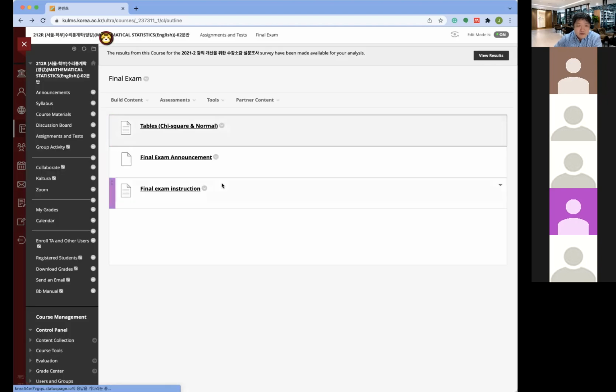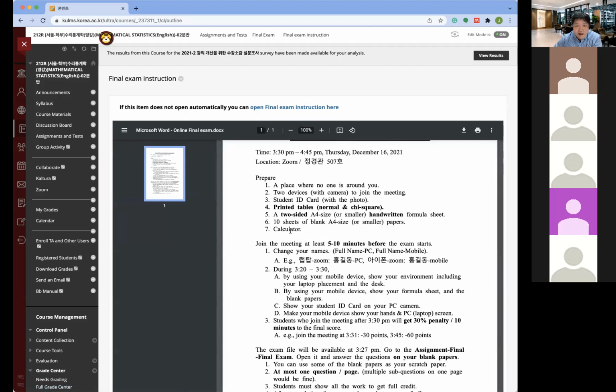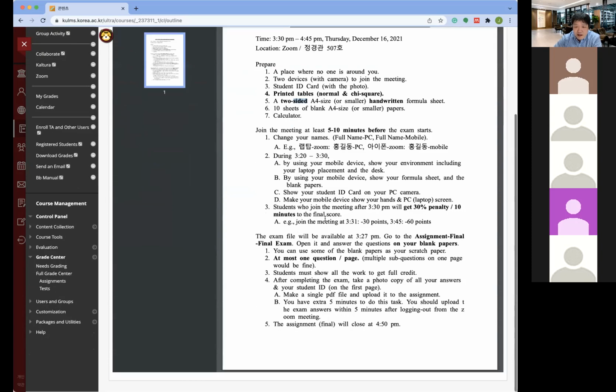Okay. The instructions here are the same, but you will need to print the tables, and you can use the double-sided handwritten formula sheet, and the others are the same.